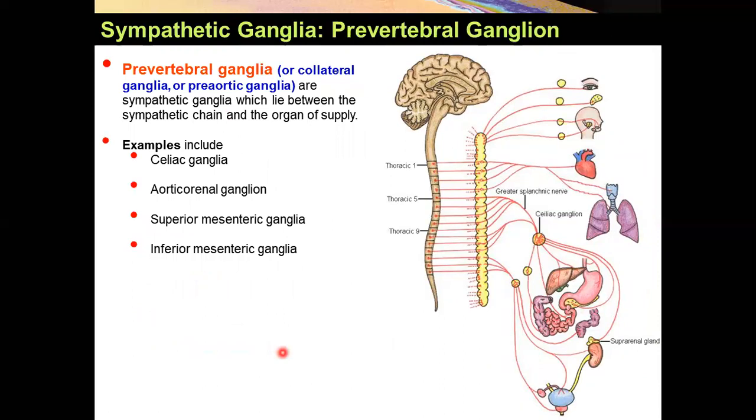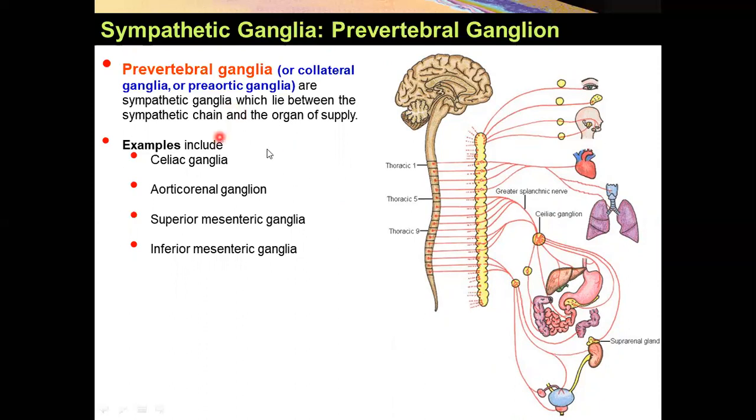Now, there are also ganglia located in front of the aorta, specifically around the stem of the unpaired branches of the aorta. These are the prevertebral ganglia. They are known also as collateral or the pre-aortic ganglia.